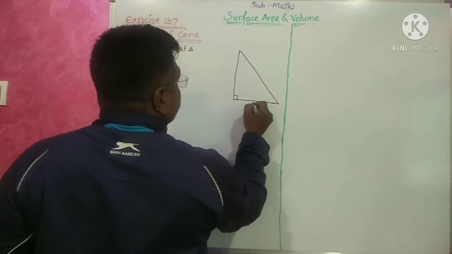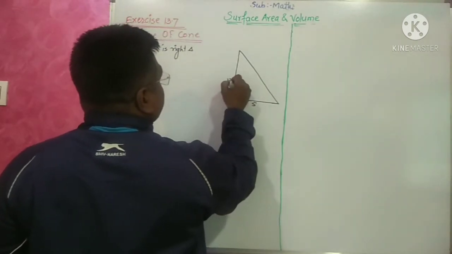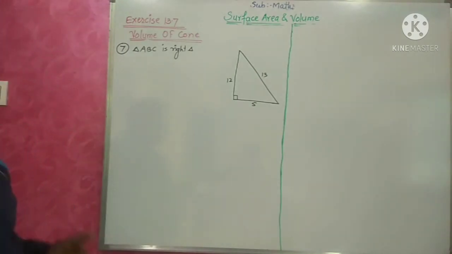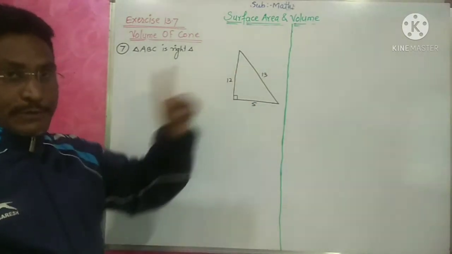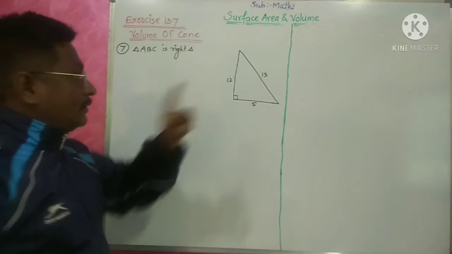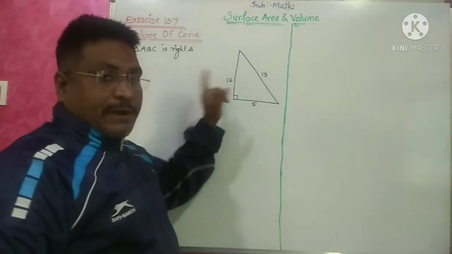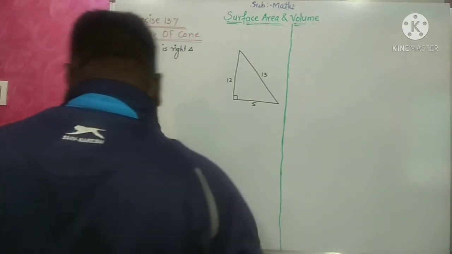So now 5, 12, 13. The largest side is always the hypotenuse. Keep that in mind. The largest side is the hypotenuse and the remaining you can take according to the question.